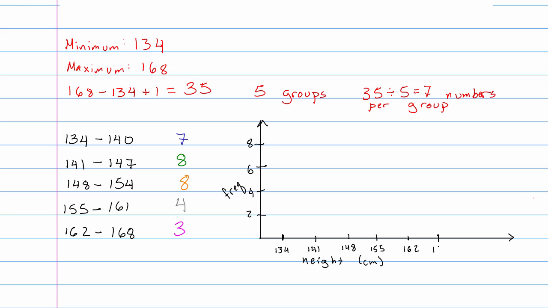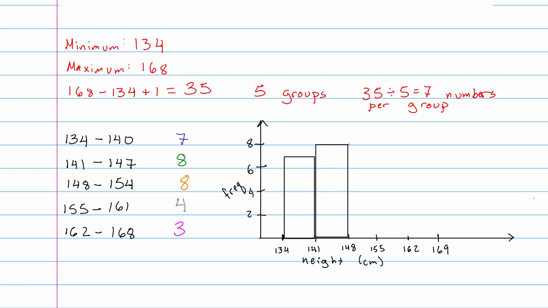The left end of the next group would be 169. So that's what I'm actually going to label. And those look like they're meant to be evenly spaced. And now, for each of these, I'm going to make a vertical bar going to their frequency.